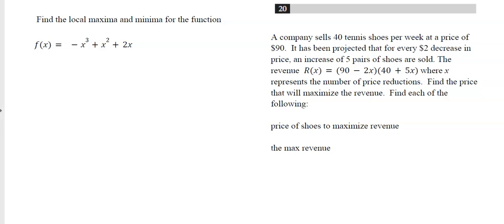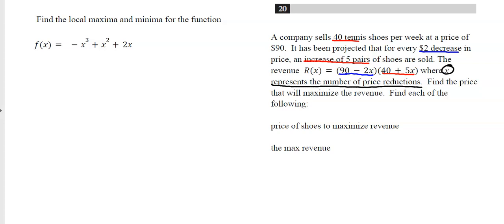So this is my $90, and it says it's been projected that every time I decrease the price by $2, I sell an increase of 5 pairs of shoes. So I normally sell 40, but I can increase it, 40 increased by 5. So if you look at what X is, X represents the price reductions.